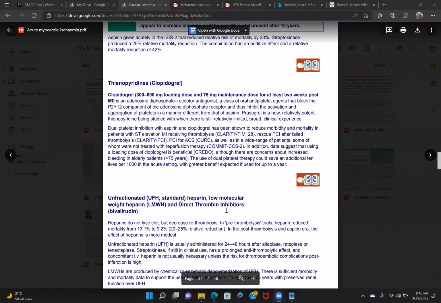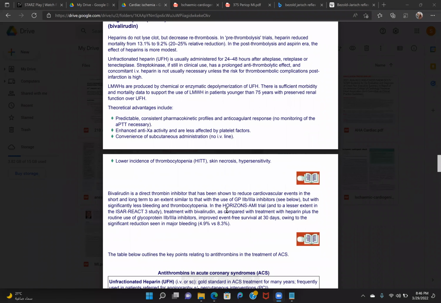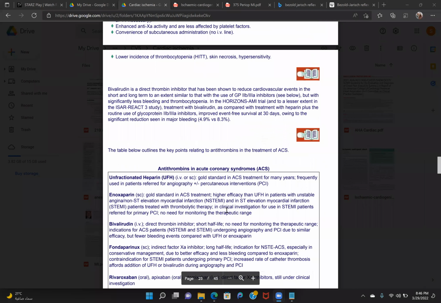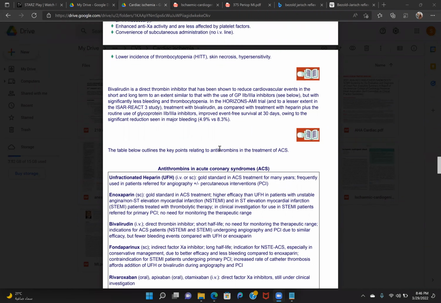It binds and inhibits factor 10. Yeah, and this is one anticoagulant. It actually facilitates the function of antithrombin 3.